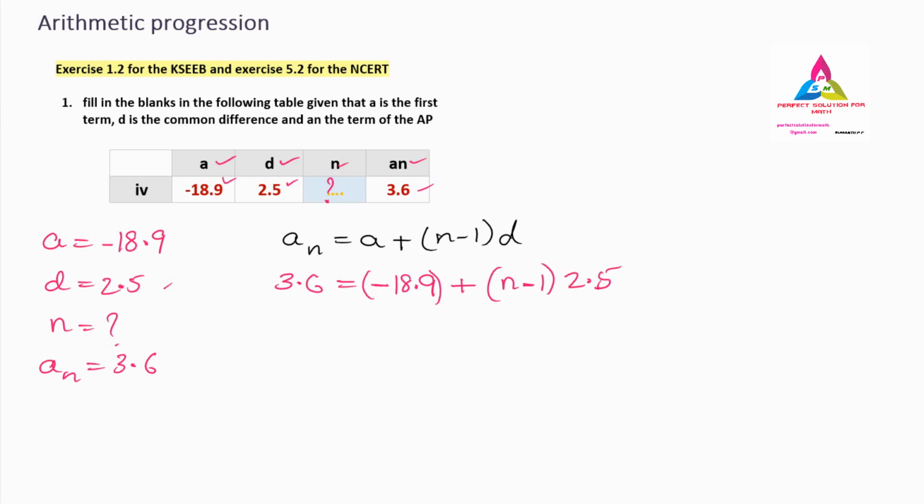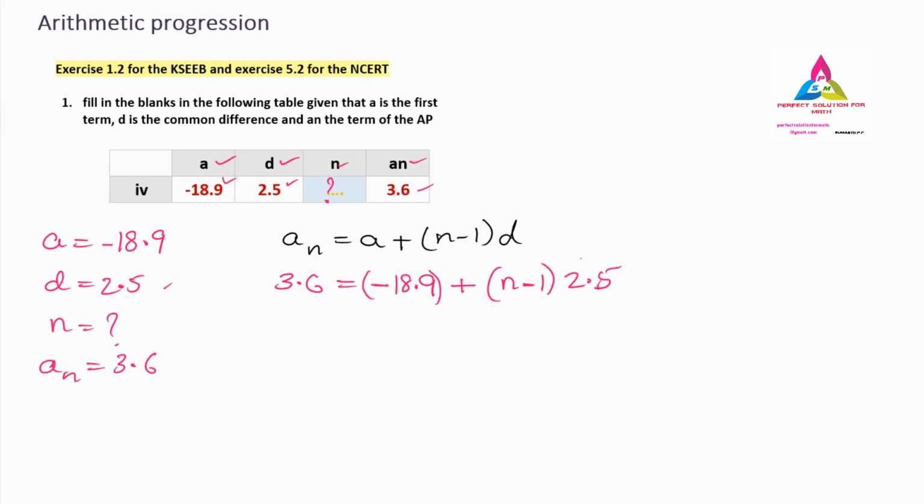Now how to find this? It is not so simple now, because they have not given the n value, and the multiplication is there with the bracket. So there are two methods to solve that. First thing is 2.5, how to multiply for this n, and 2.5 for this 1 also, that is minus 1 also. Or again we have one more simple method that we can go through.